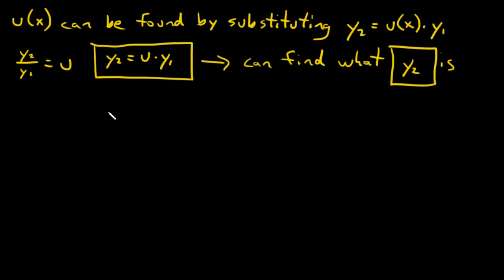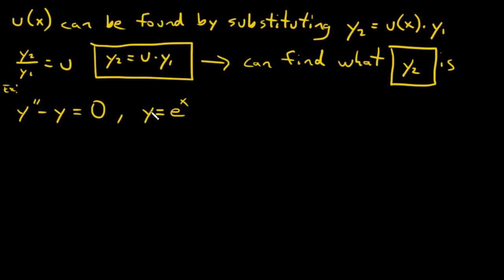So here we go. I'm going to say that I have y double prime minus y. This is the kind of example that will show how to use this. So y double prime minus y equals 0, okay? And we know one of the solutions is definitely e to the x, because the second derivative of e to the x minus e to the x is definitely 0.